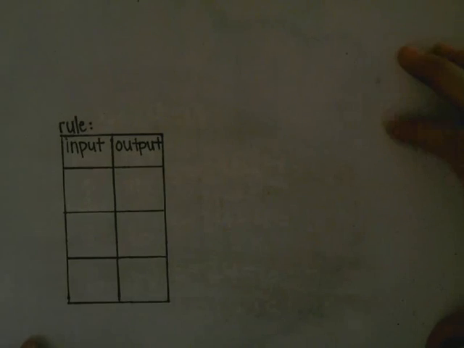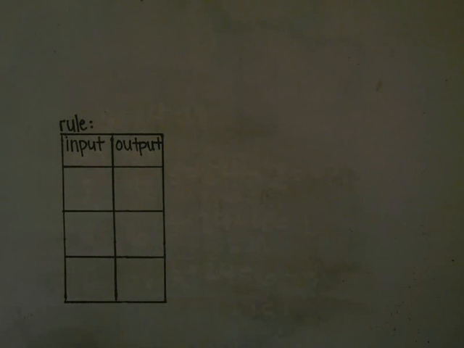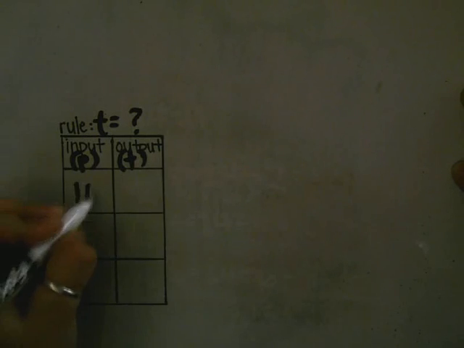So when a function table is given with all of the input and output values, they're going to want you to create a rule that works for each value. So when doing this, you're going to have to kind of think like a detective. If our input is P and our output is T, they don't give you the rule, they just say T equals what, but they give you all of these values.